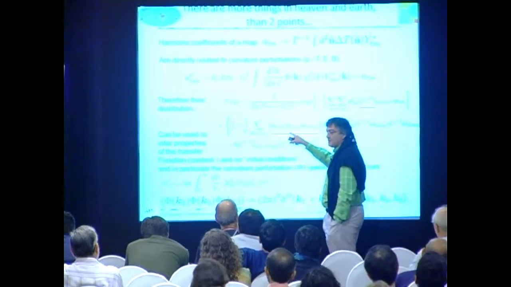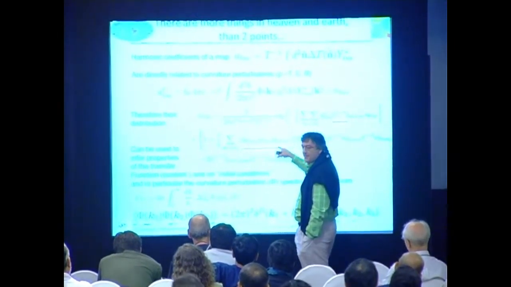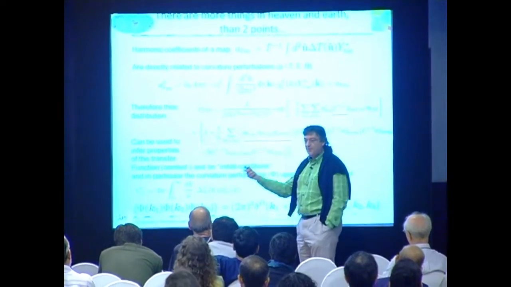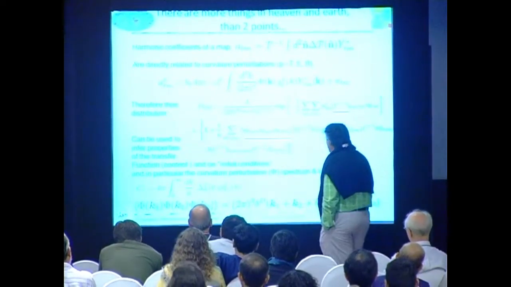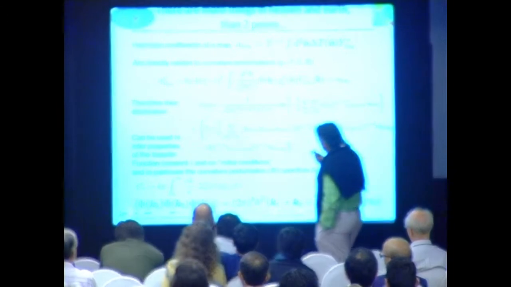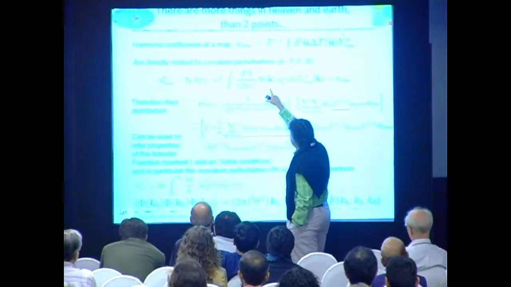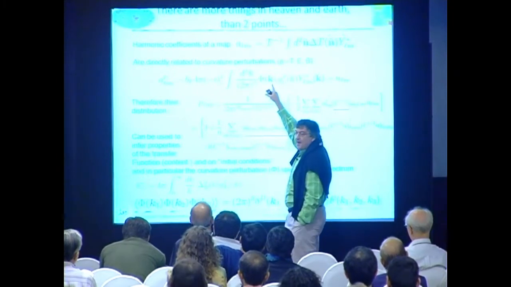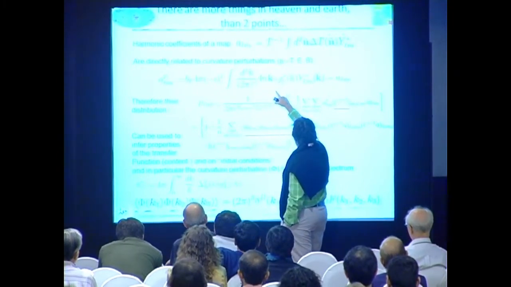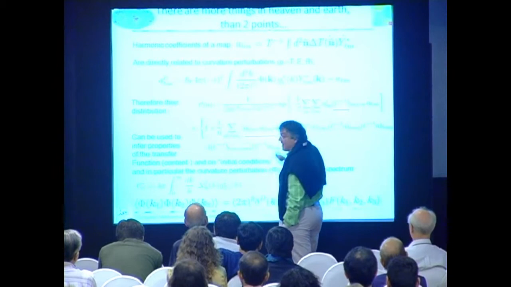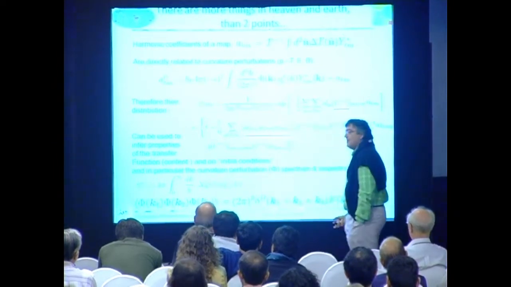Plus, of course, if there are deviations from Gaussianity, the next order terms, which are 3-point, 4-point, and so on. The beauty of it is, in the simplest thing, the harmonic coefficients are directly related to the curvature perturbation, say, at the time of inflation, up to growth factors which are computed in linear theory.